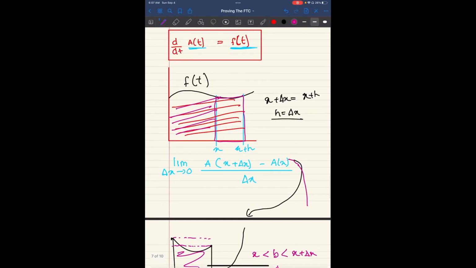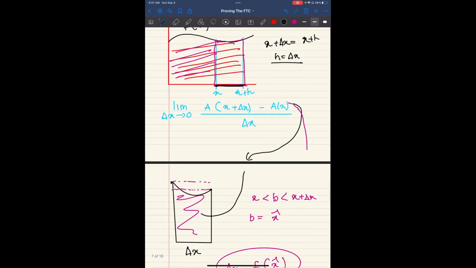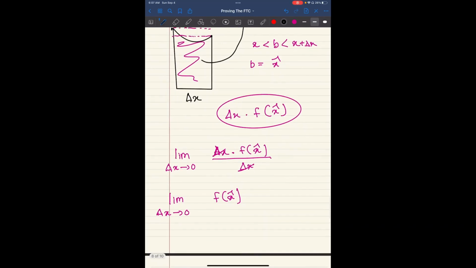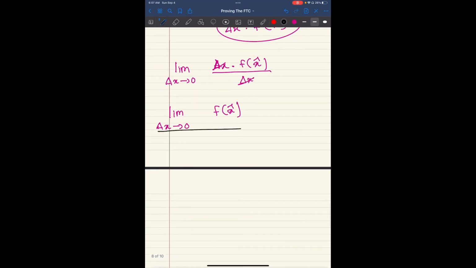So what you realize is this is delta x over here. As delta x goes to 0, x hat is between x and x plus delta x by definition. So as delta x goes to 0, x hat tends to x. So the limit as delta x goes to 0 of this equation is equal to f of x.